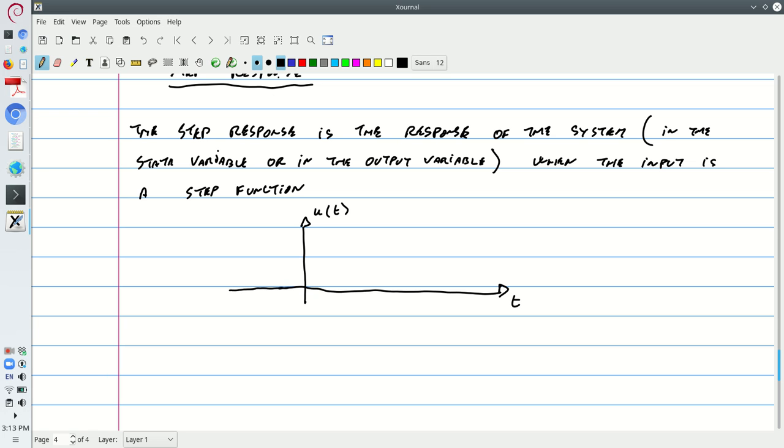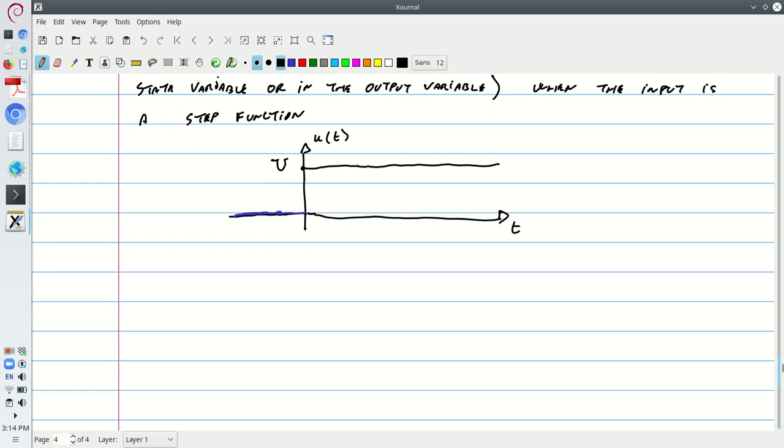Step function is a function that is 0 up to time 0, and then at time 0 it becomes 1, or let's say more generally a capital U, and if capital U is equal to 1 we call that unitary step function. Otherwise we have a generic step function, and it stays constant from time 0 till infinity, and the constant is equal to this capital U.